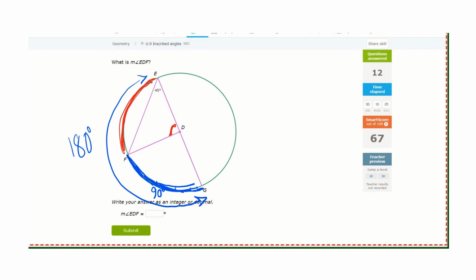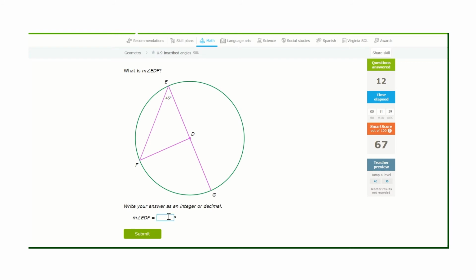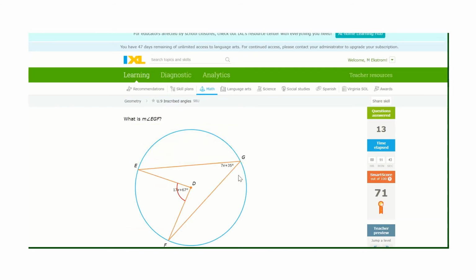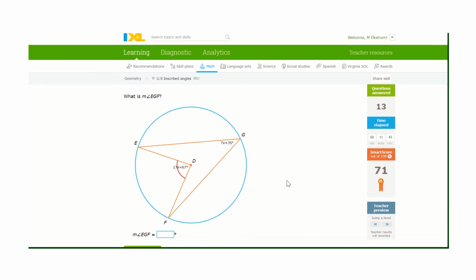So what's the red? It's also 90 degrees. So now we know we have 90 degrees of arc. They did not tell us that the central angle here was 90 degrees. We had to solve that. But, oh, hey, and that's what we were looking for, EDF. So let's put that in. 90 degrees. That's right.